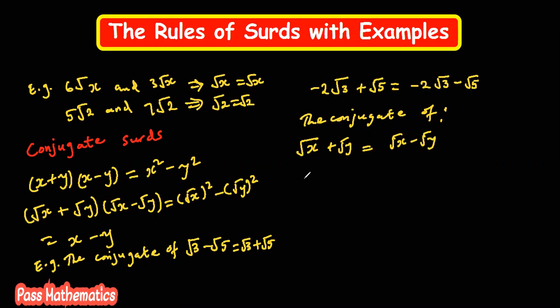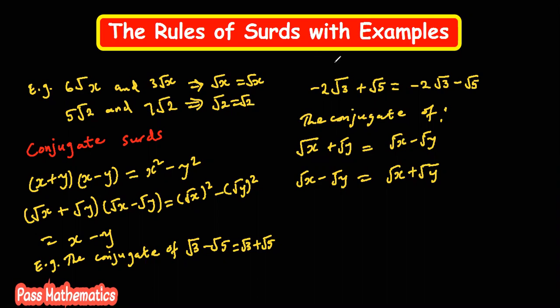Then another example, if we have root x minus root y, its conjugate is also equal to root x plus root y. So this is what the conjugate rule says, right?